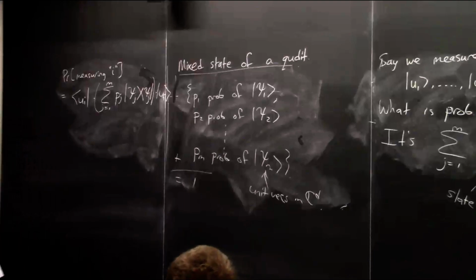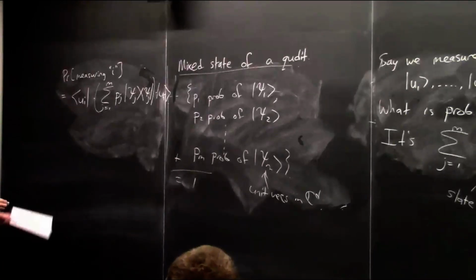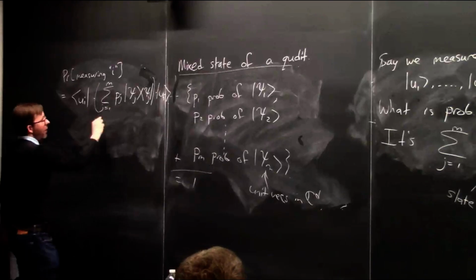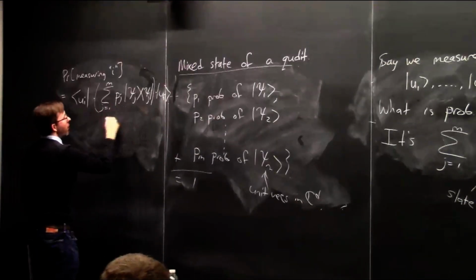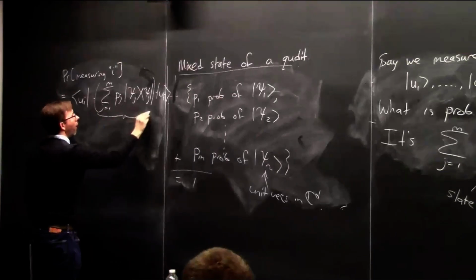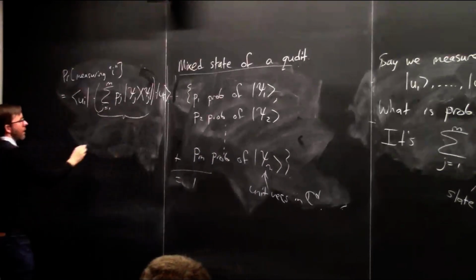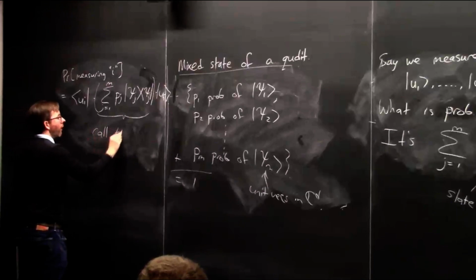OK, any questions about this? So this is a matrix. It's some kind of convex combination of these matrices. So this is a d by d matrix. Let's call it rho.